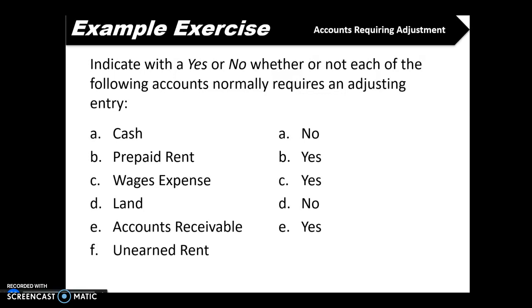The example is when your tenant, the person who rents your building, pays an advance amount of rent. When you receive the money, you cannot record it as revenue yet. It is what we record as unearned rent. It is a liability. So unearned rent, yes.